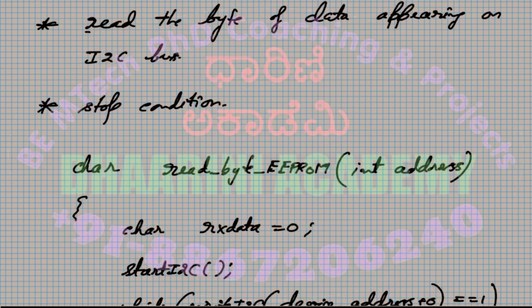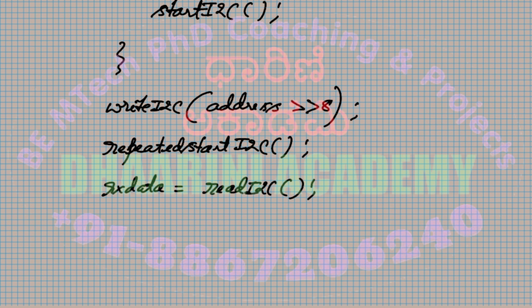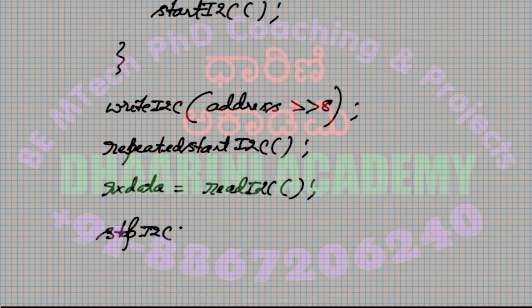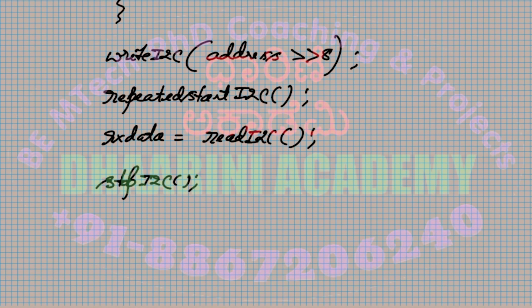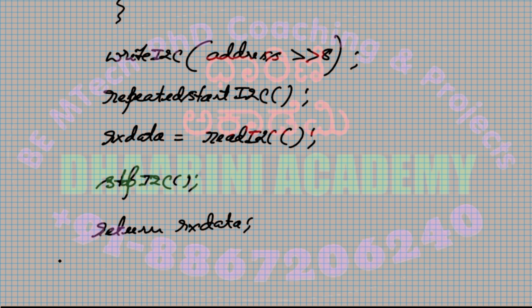Now, once that is done, you can stop. Stop I2C, right? So now the I2C protocol stopped, but my data is present in the Rx data, which I need to return. So return Rx data, and you close the function. That's all.